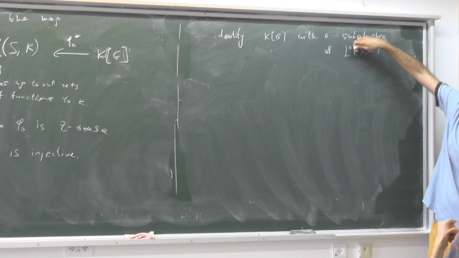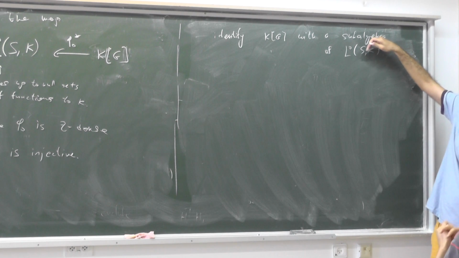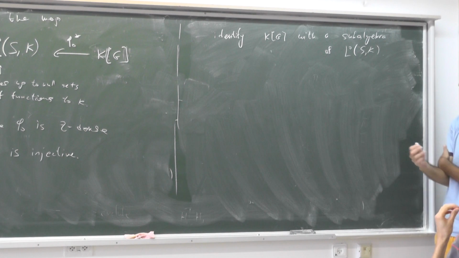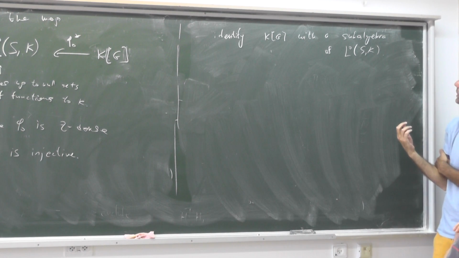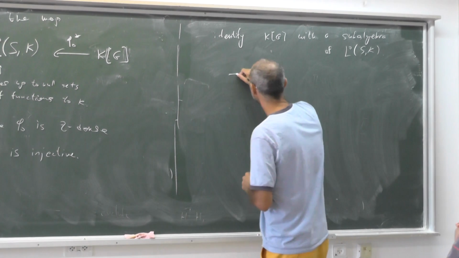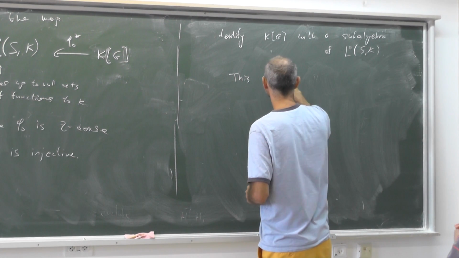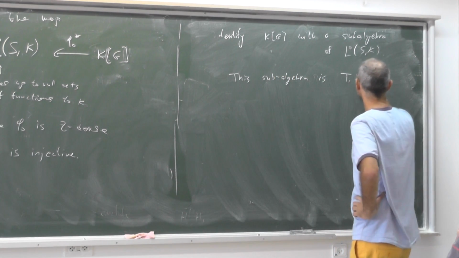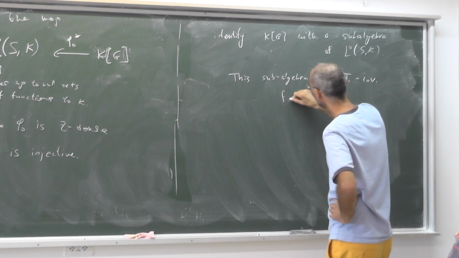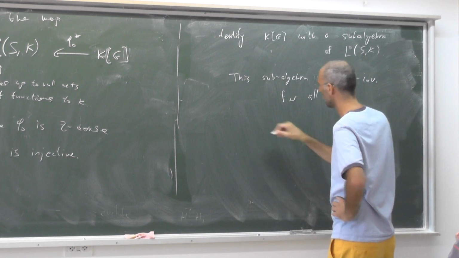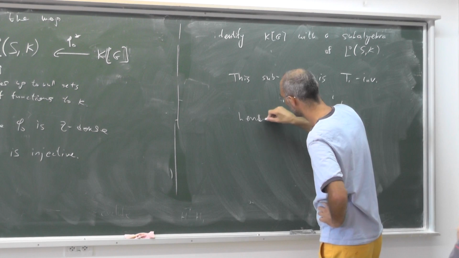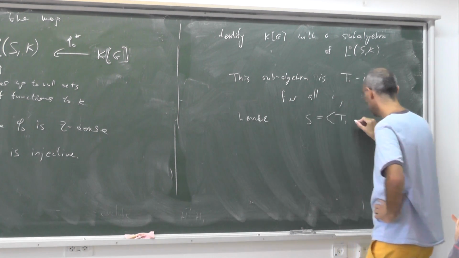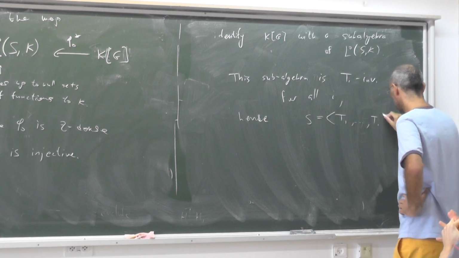Gamma acts on the left on S, the TIs act on the right on S, and of course by composition they act on function spaces, and this subalgebra is TI invariant for all I, hence it is invariant under the group generated by those, which is everything.